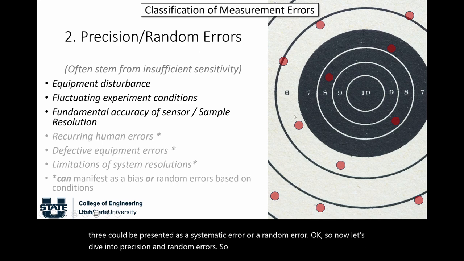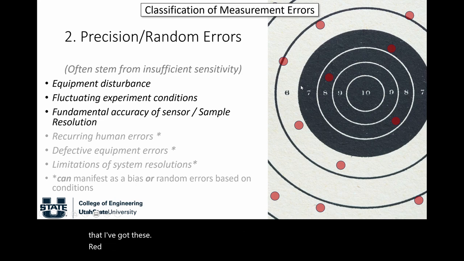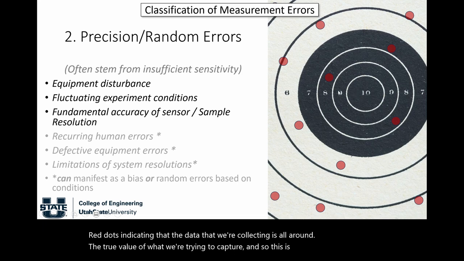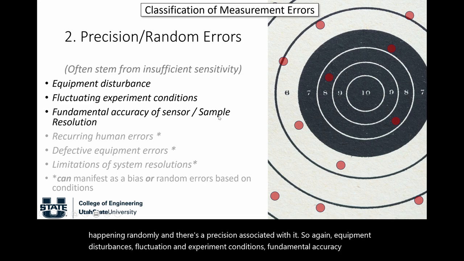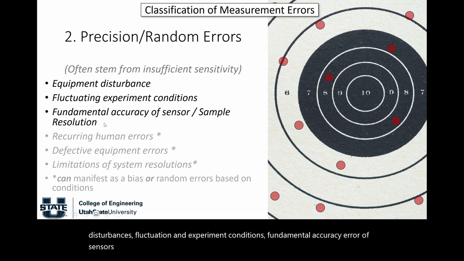So again, on the target over here, you can see that I've got these red dots indicating that the data that we're collecting is all around the true value of what we're trying to capture. And so this is random. Things are happening randomly, and there's a precision associated with it. So again, equipment disturbances, fluctuation in experiment conditions, fundamental accuracy error of sensors, sample resolution. So how quickly are you sampling to collect data points?